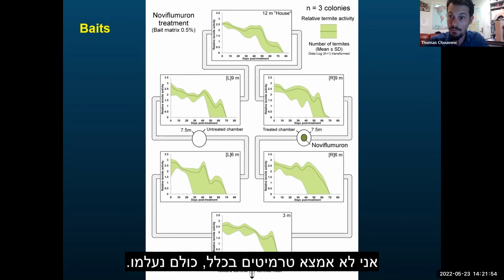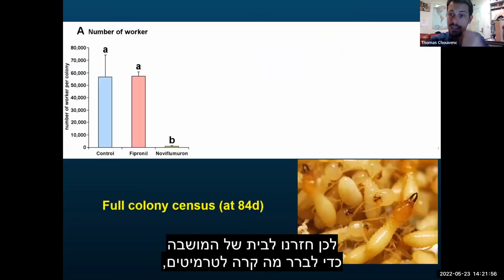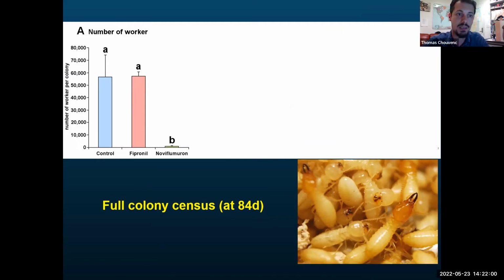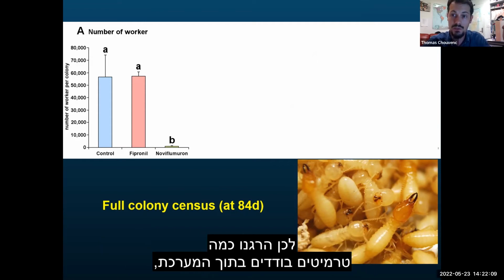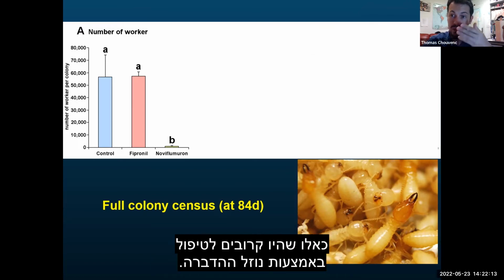Everybody is gone. So what we did is we went back inside the colony to look at what happened to these termites. And what we found is that termite colonies treated with the control and the fipronil had no significant difference. We just killed a few termites in the system that were close to the treatment with liquid termiticide.